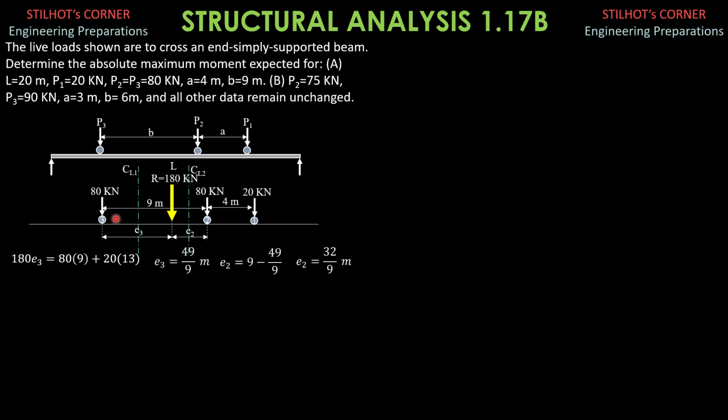Since the heavier weights have equal magnitude, the resultant is closer to the center when load 2 is considered, or the distance between the resultant and the load of equal magnitude as load 3 is closer to the center line. Therefore, we expect that the absolute maximum moment occurs under load 2.